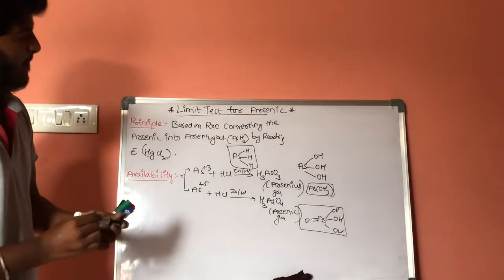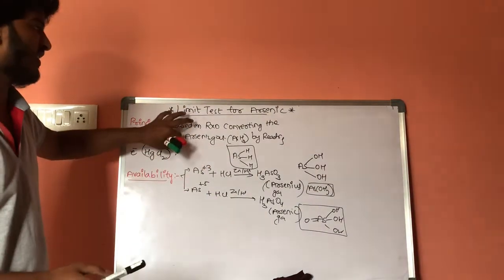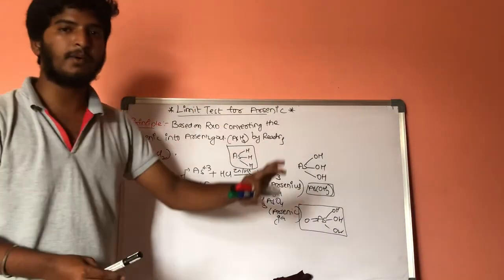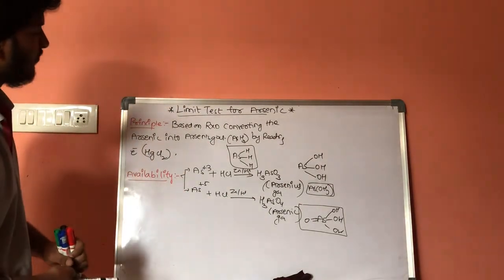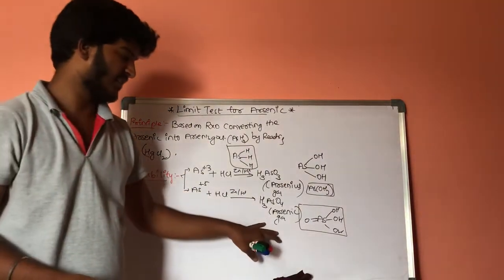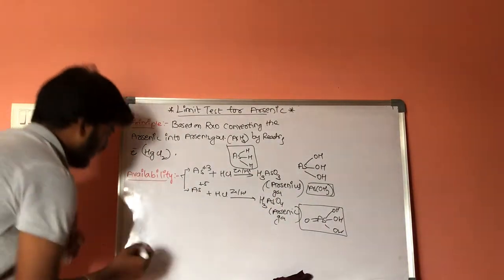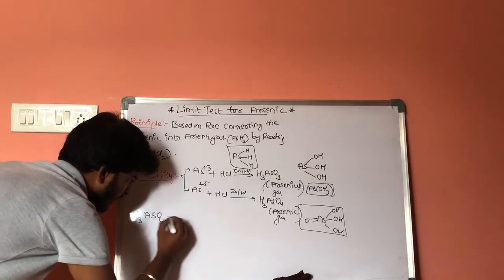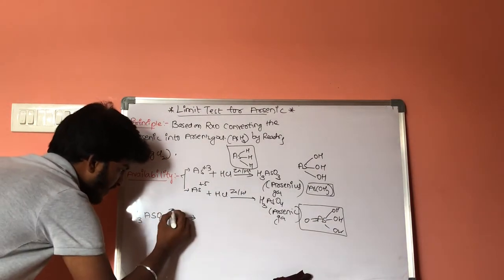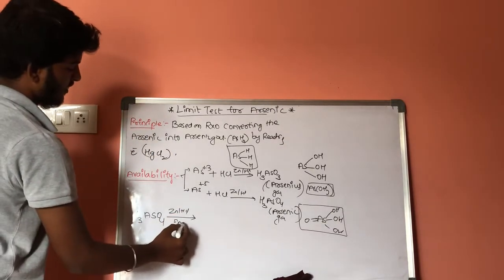Now all the limit tests are performed in Nessler cylinders, but this limit test for arsenic is not performed in Nessler cylinders. Now the arsenic acid which is formed will undergo a reduction process, that is, H3AsO4 will undergo reduction in the presence of zinc, HCl and SnCl2.